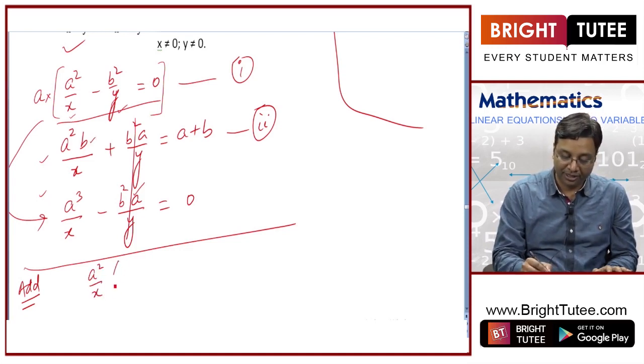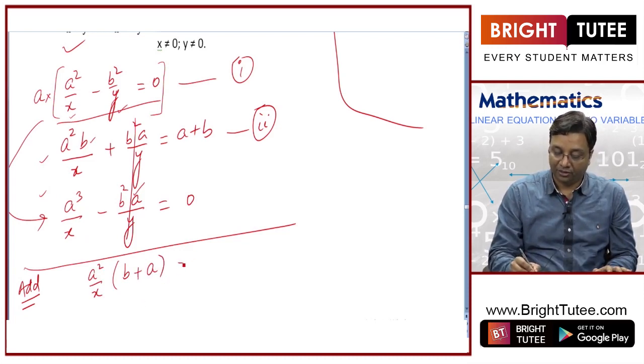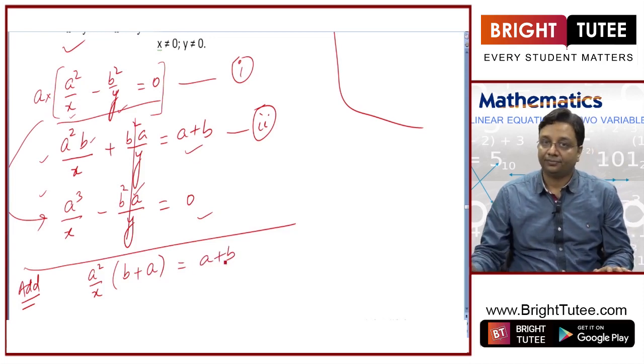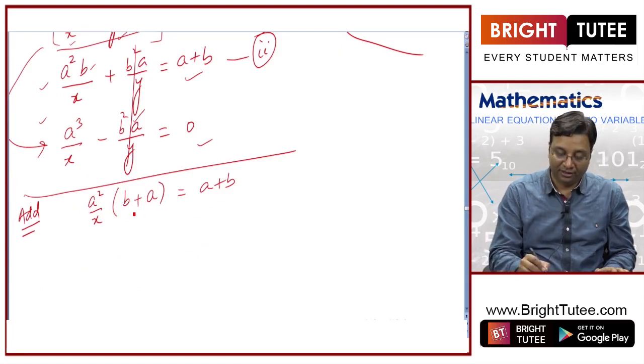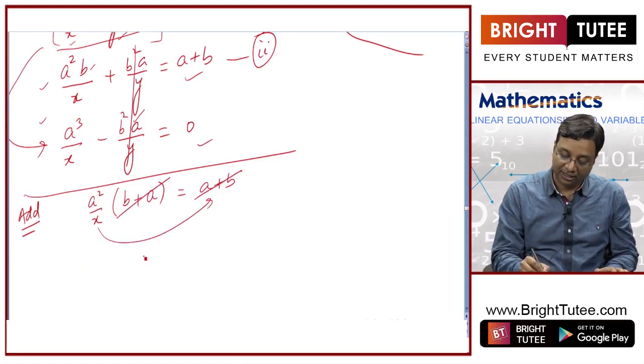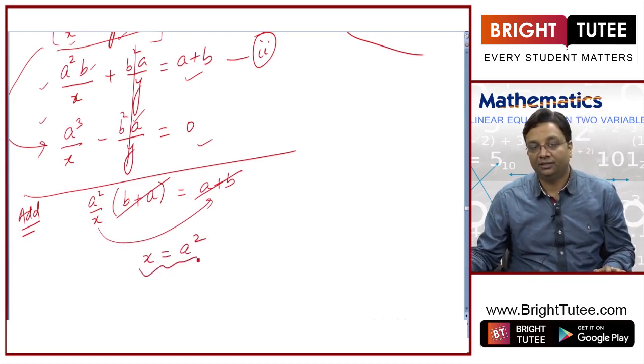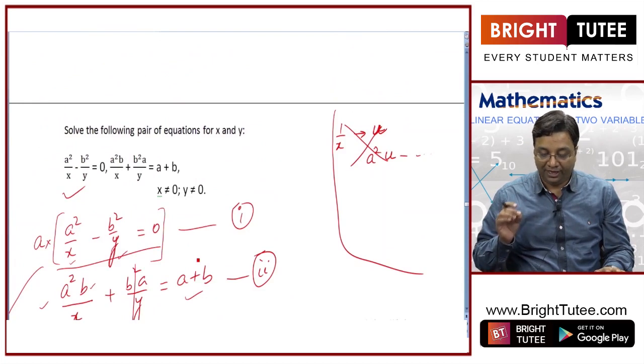From here I will have b, from here I will have a, right? On the right hand side, if I add these two, I will have a plus b. Now you see a plus b can also be cancelled from both sides. So I will cancel it out and take x on the other side. So x will be equal to a square. This is the value of x for me.